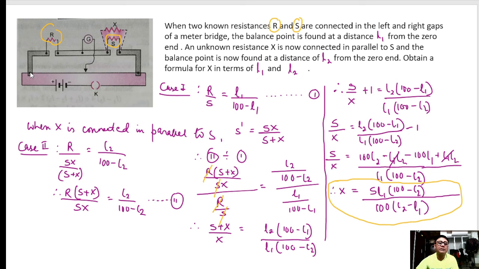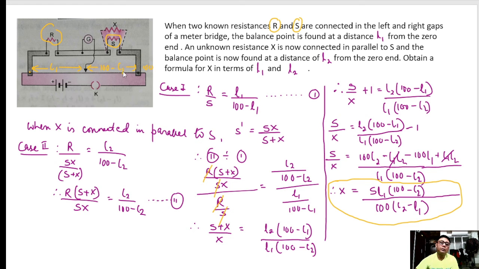That means this is 100 centimeters, 0 to 100 centimeters. The balance point is found at a distance of L1. This is L1 and this is 100 minus L1.